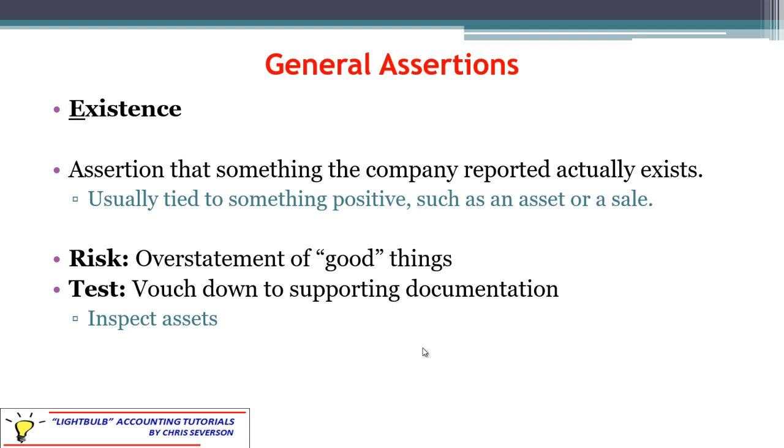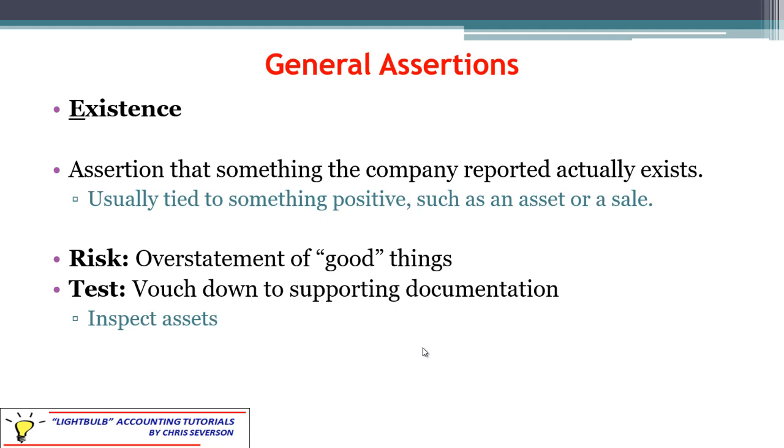Our risk usually is that they're overstating good things. It's always an overstatement concern. Anytime you're looking at existence, it's an overstatement concern. We're concerned that they reported something that shouldn't be there, that doesn't even exist. So to test for this one, you vouch down to supporting documentation.